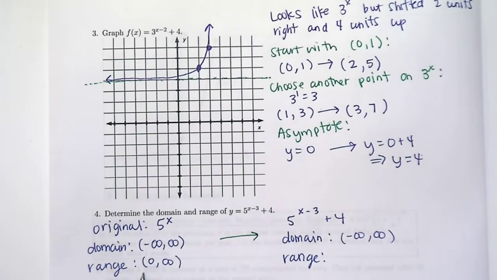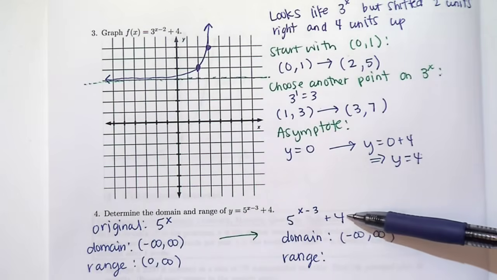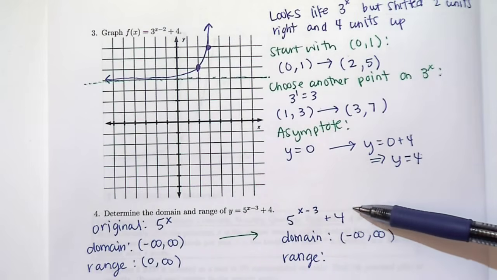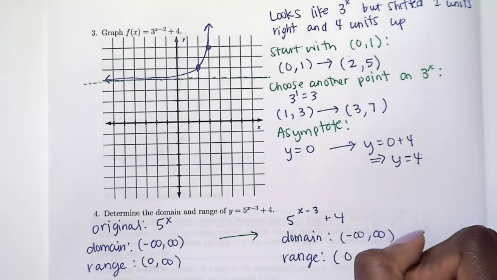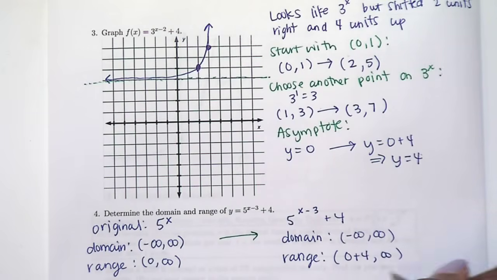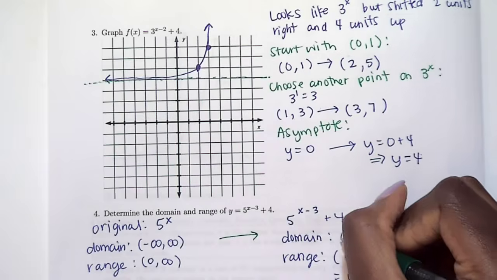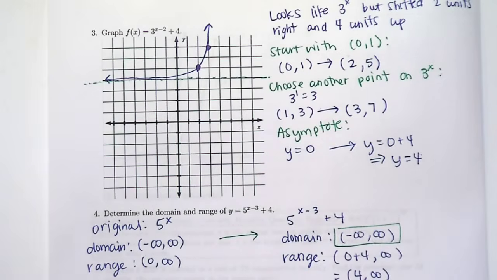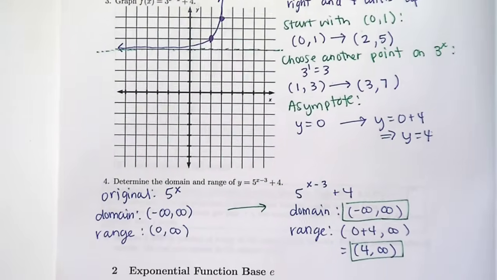It was 0 to infinity, but what are we doing with y values here? We're adding 4 to it, so the range is going to be 0 plus 4 to infinity. So the domain is from negative infinity to positive infinity, and the range is from 4 to infinity.